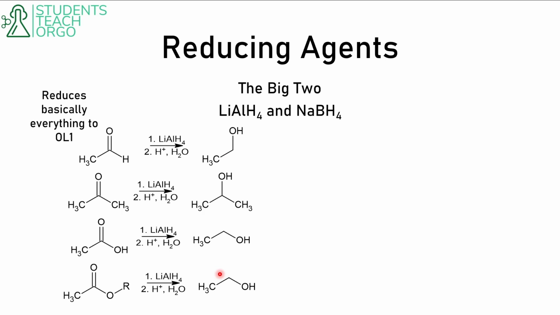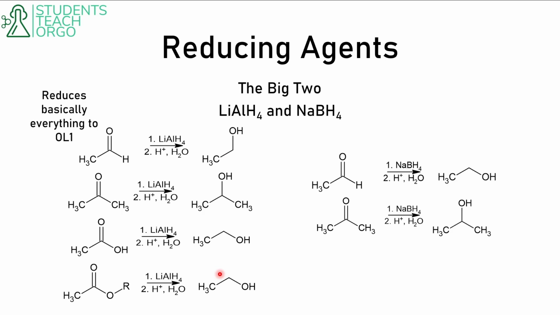Now for the sodium borohydride, it's a weaker reducing agent than the lithium aluminum hydride, in that it will only reduce things on oxidation level 2. So it will take ketones and aldehydes and reduce them to secondary and primary alcohols respectively. Again, it only reduces aldehydes and ketones, not carboxylic acids and esters. So it is a weaker reducing agent.